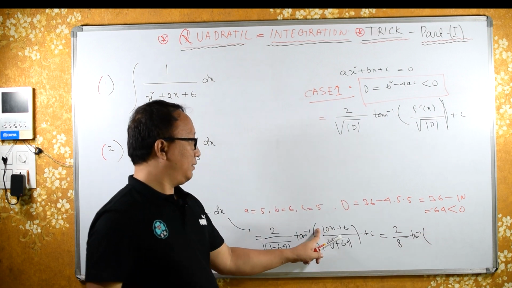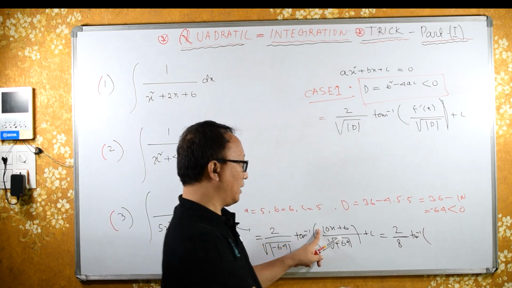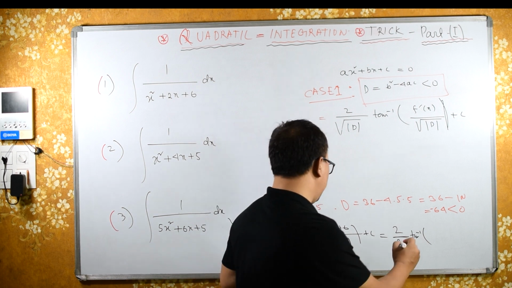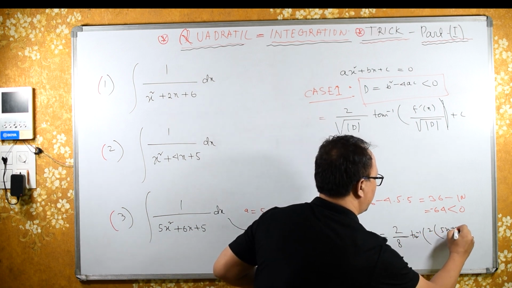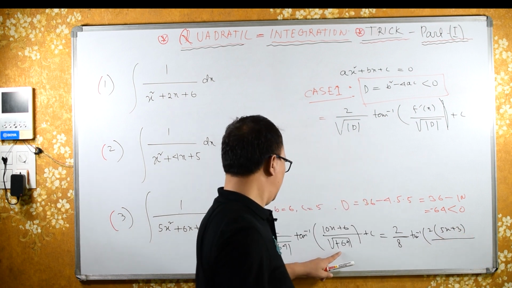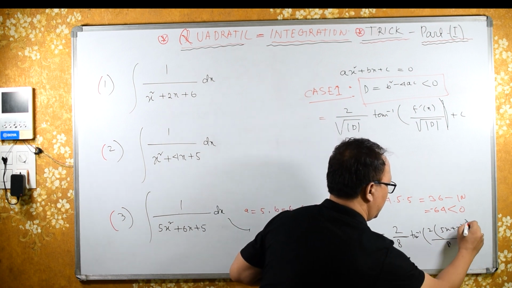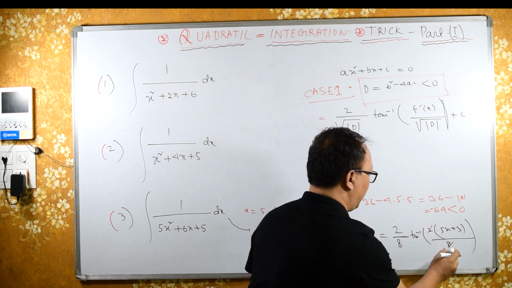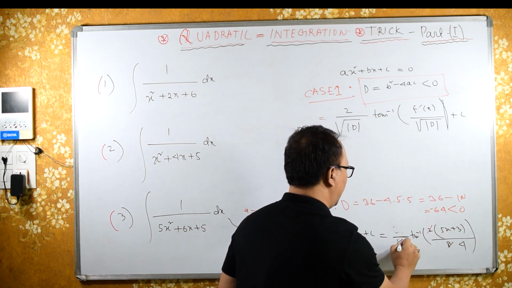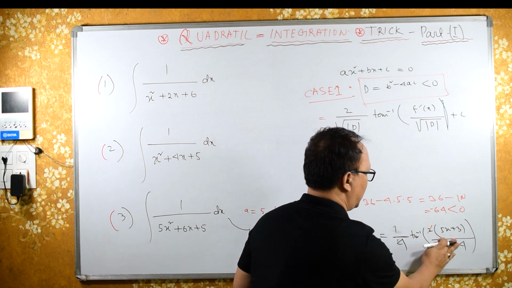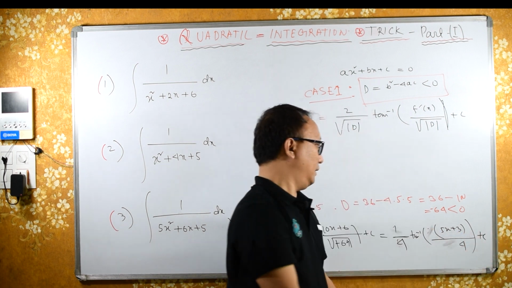From the numerator I can take 2 common, 5x plus 3 upon 8. Again I can cancel, giving 1 by 4 tan inverse of 5x plus 3 upon 4, plus c. This is the required answer.